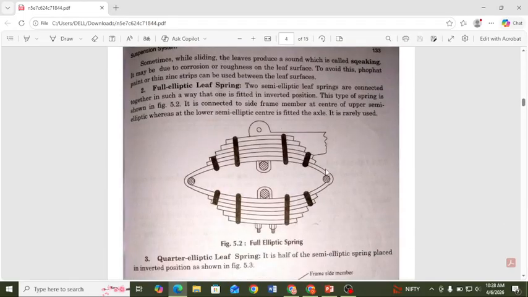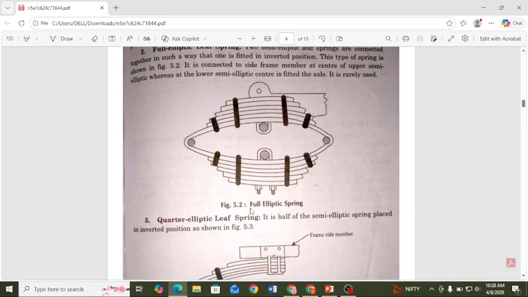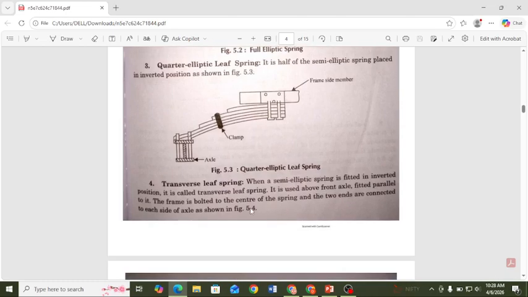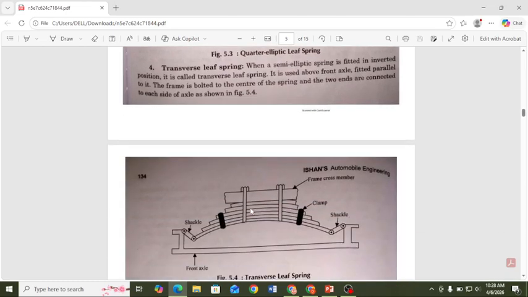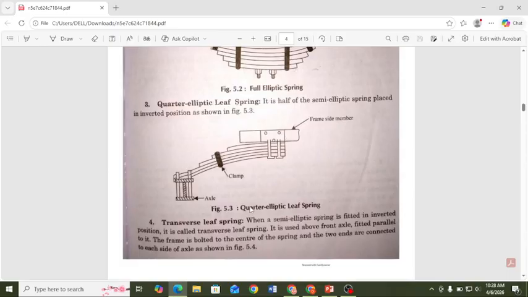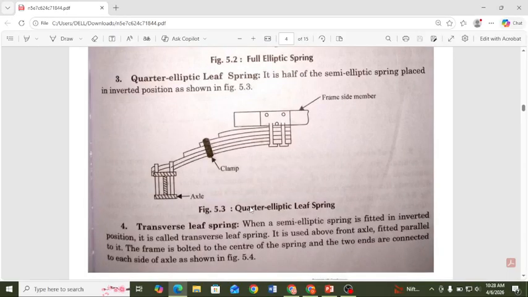Similarly, there is the full elliptical leaf spring, also used for heavy load vehicles or traditional vehicles from 20 or 30 years ago. The quarter elliptical is also used in marine types or some heavy vehicles.